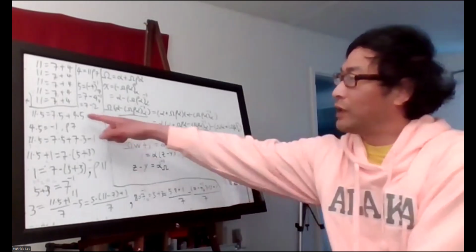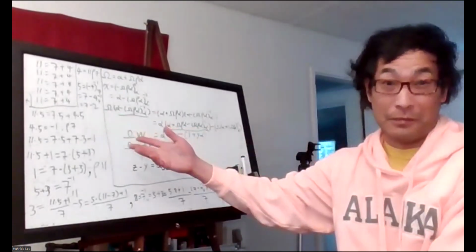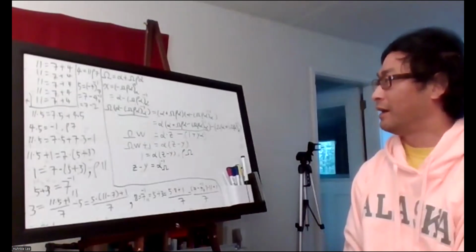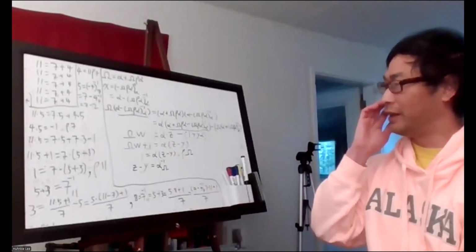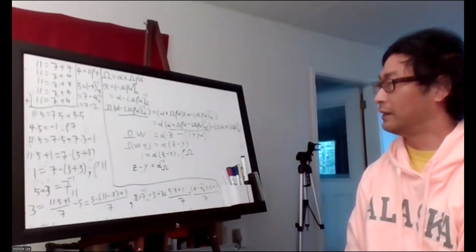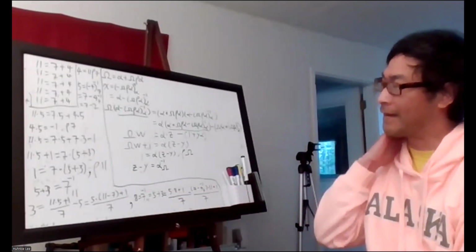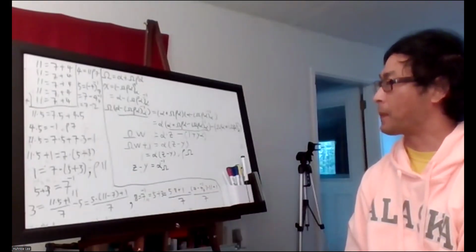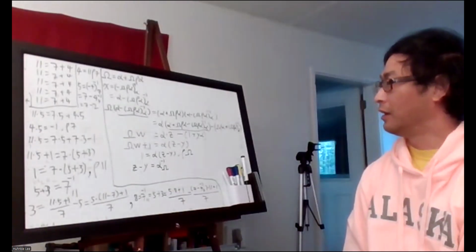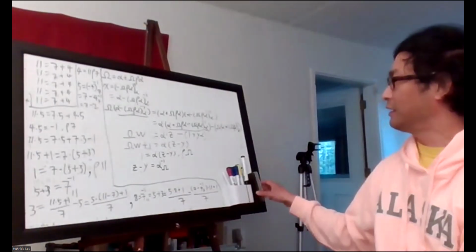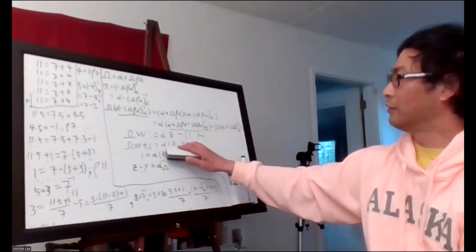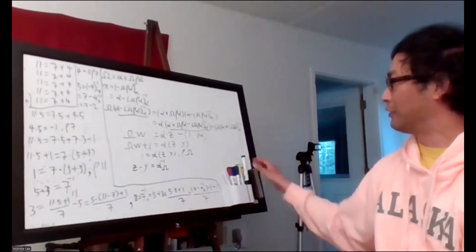So 4 times 5 is not just -1, it's 7 times something -1, and you know what that something number three is. But to make it easy, instead of plus y, we put minus y.